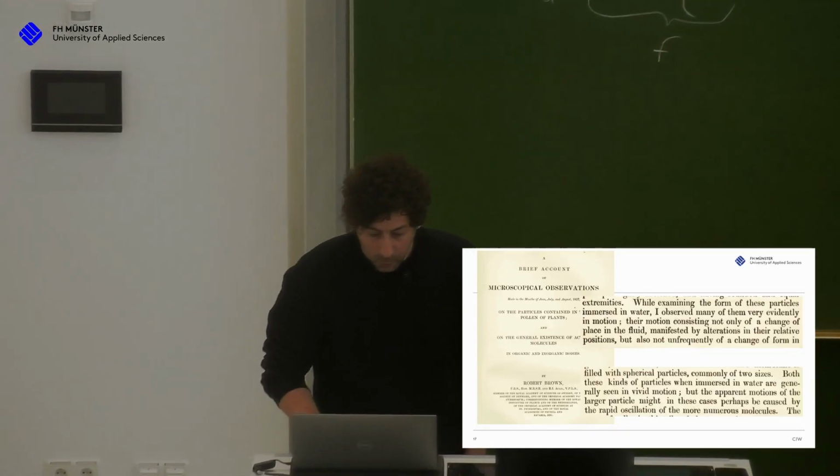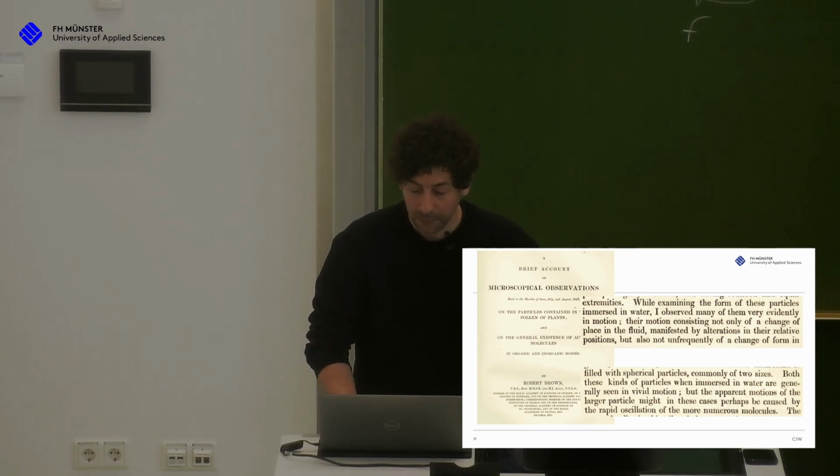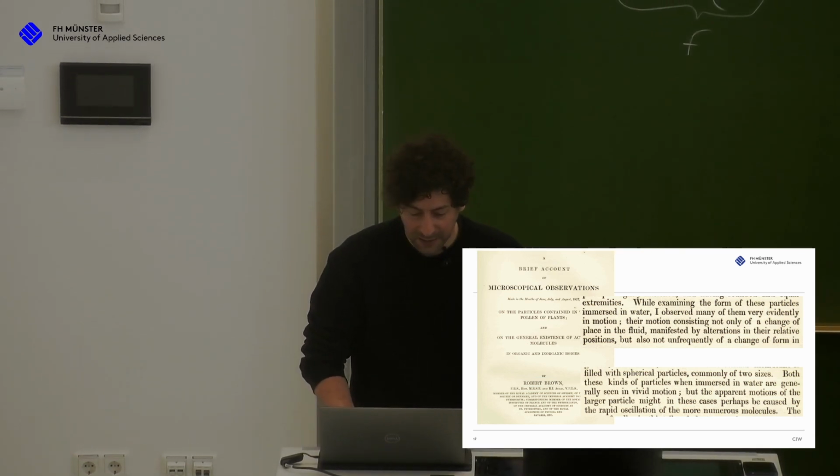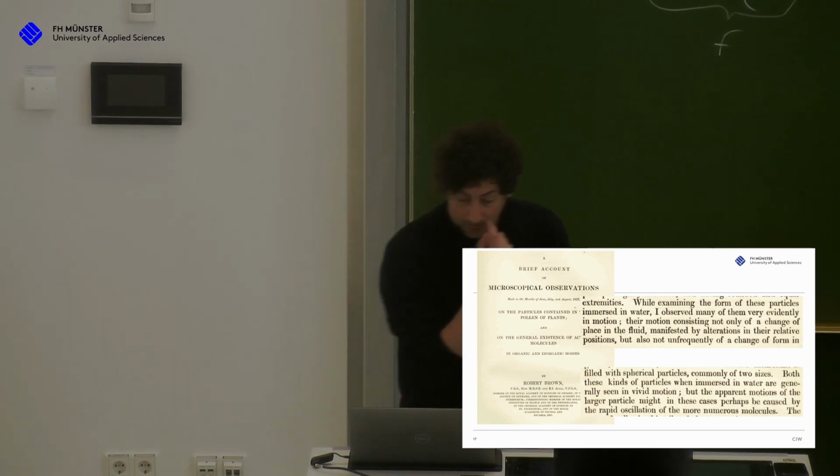While examining the form of these particles immersed in water, I observed many of them very evidently in motion. Their motion consisting not only of a change of place in the fluid, manifested by alteration in their relative position, but also not unfrequently of a change of form.